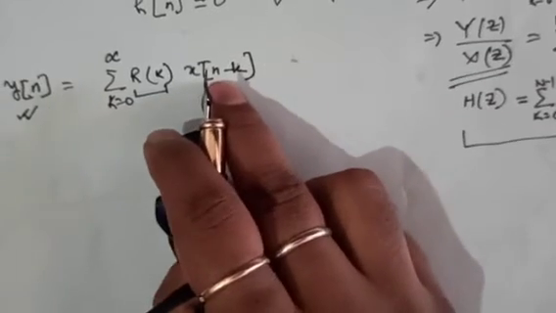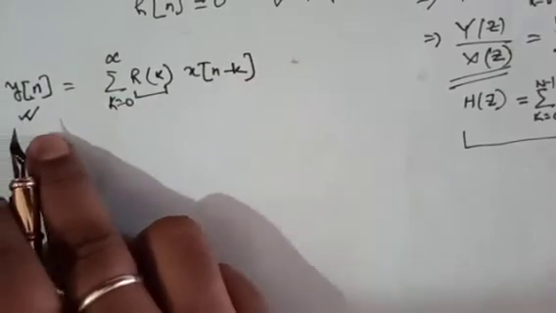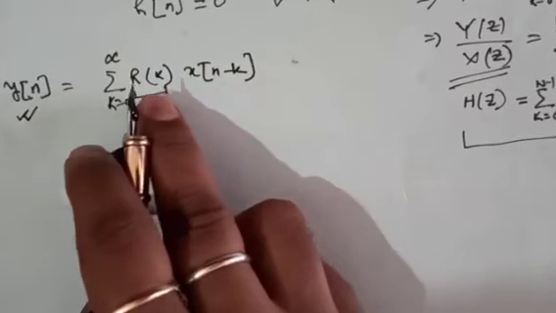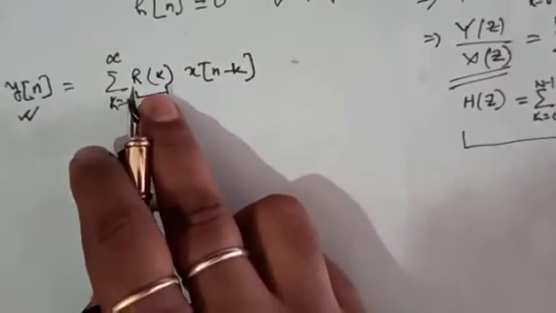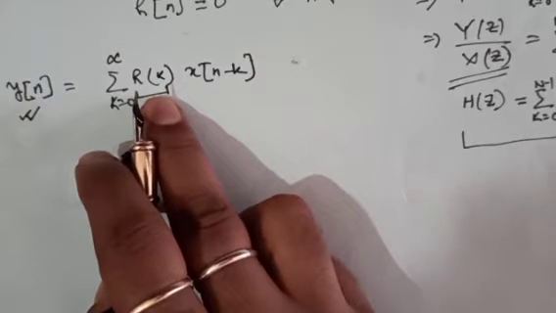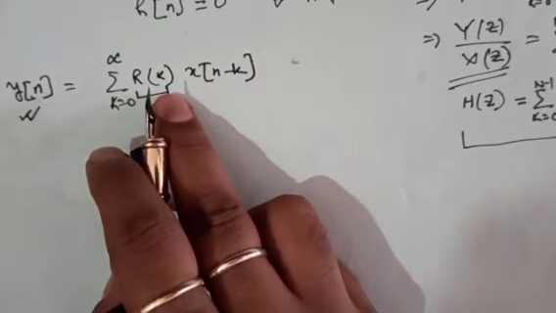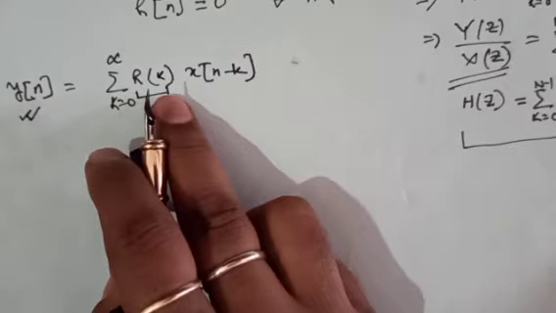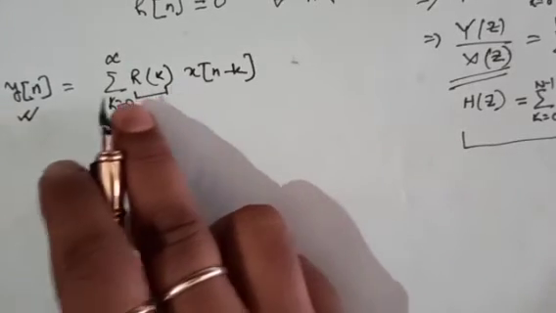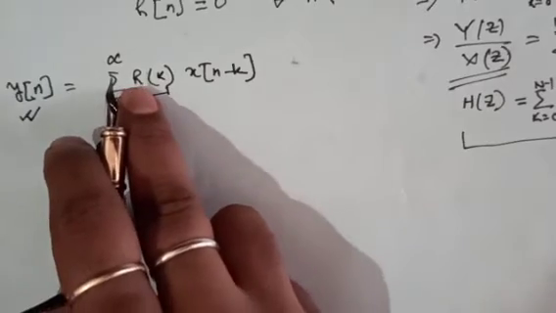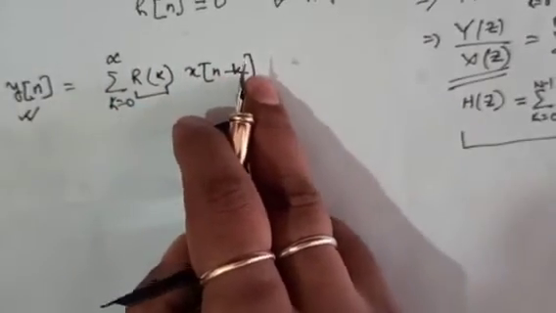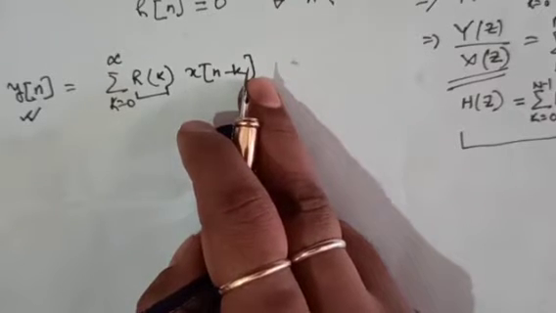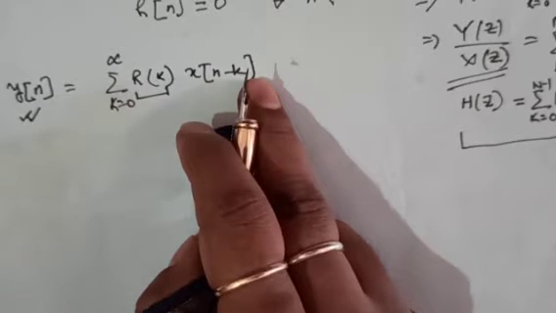The coefficients h of 0, h of 1, h of 2 are constant, and the output is the linearly weighted sum of all the past inputs. That means you need to store all the past inputs, so you need infinite memory, which is not possible practically.